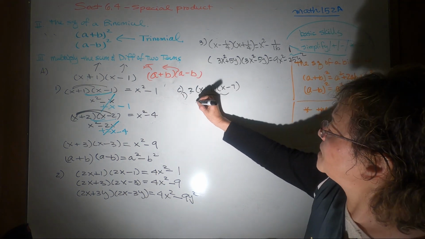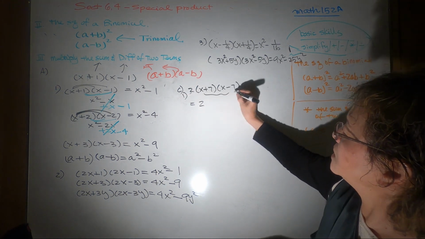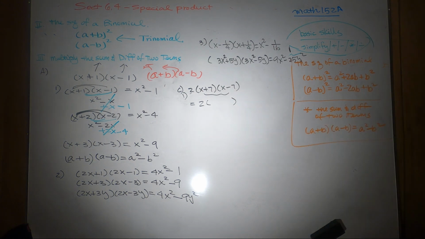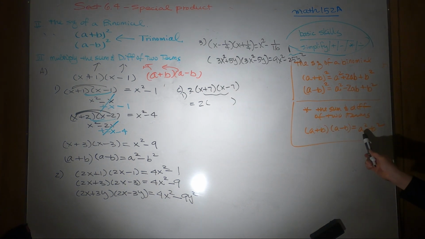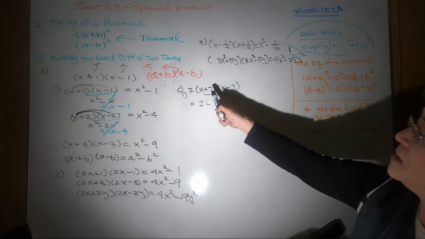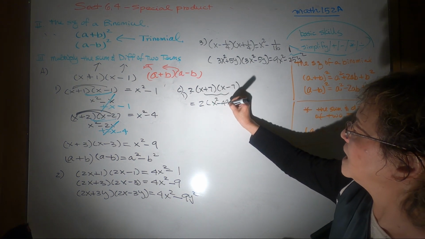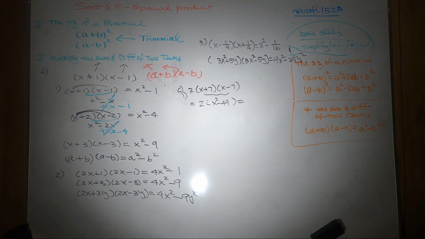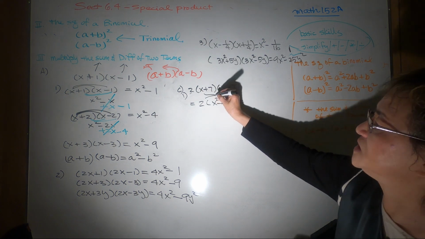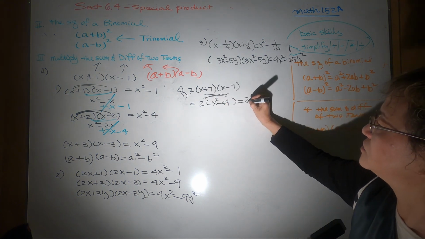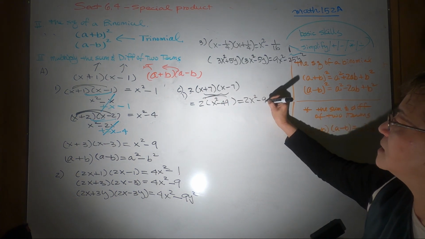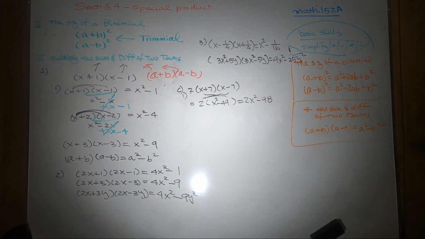You can do this because you have the formula already. So a sum and a difference would be x squared minus 49, right? Then you distribute. The mono is much easier. So that would be 2x squared minus 98.